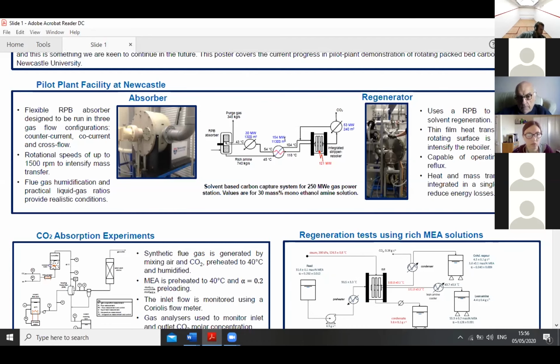This schematic is basically showing what they would look like on a full-scale process, but it's basically exactly the same as a conventional amine process, with the columns replaced. The RPB, on the regenerator side, is intensifying both the heat and mass transfer by combining the reboiler and the stripping process into one unit.